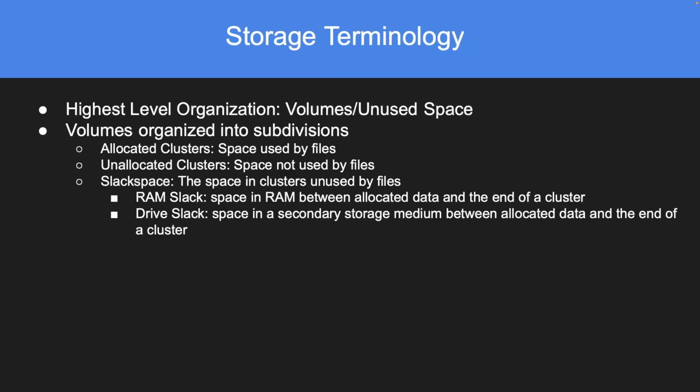RAM slack is the type of slack space within RAM, and drive slack is the type we can find in hard drives, flash media storage, and solid state drives, just to name a few.